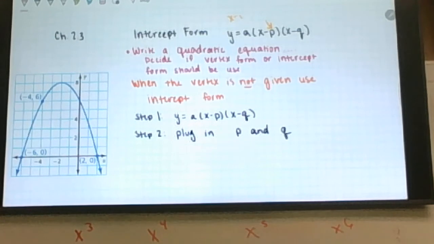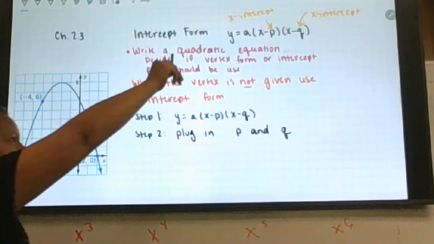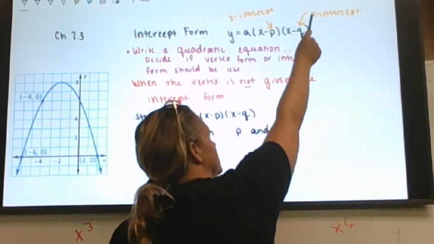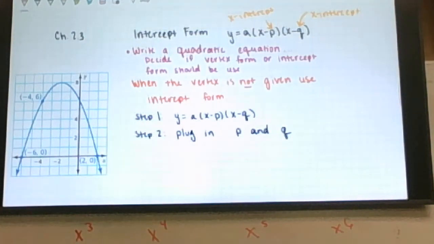That's an x-intercept, and that's an x-intercept. The P and the Q in the model represent x-intercepts. So I'm going to say P equals negative 6 and Q equals 2. So we don't have h and k here, we have P's and Q's.